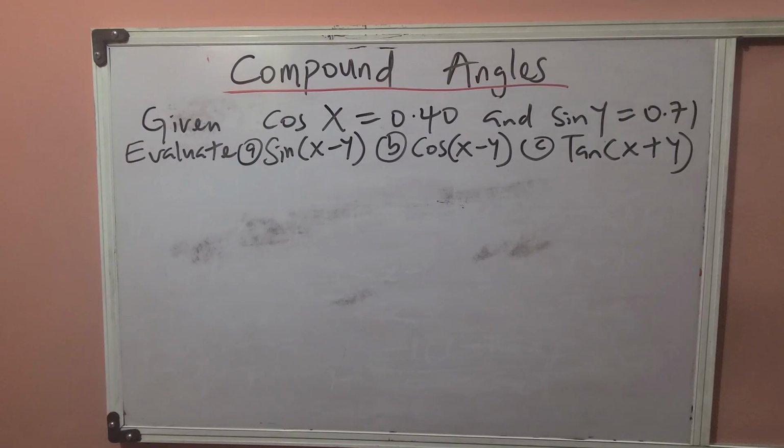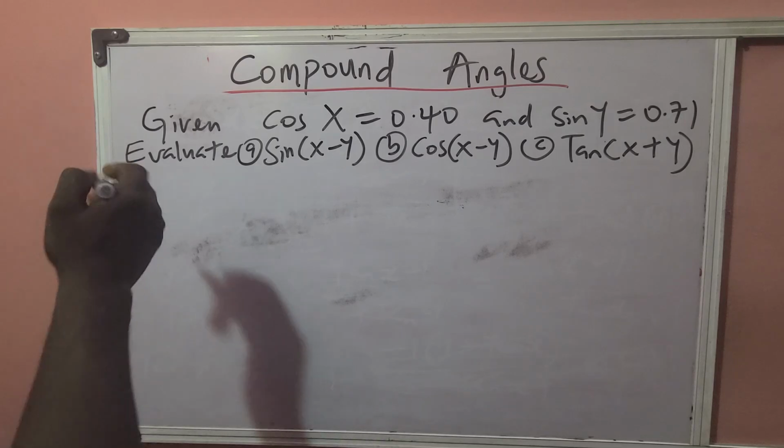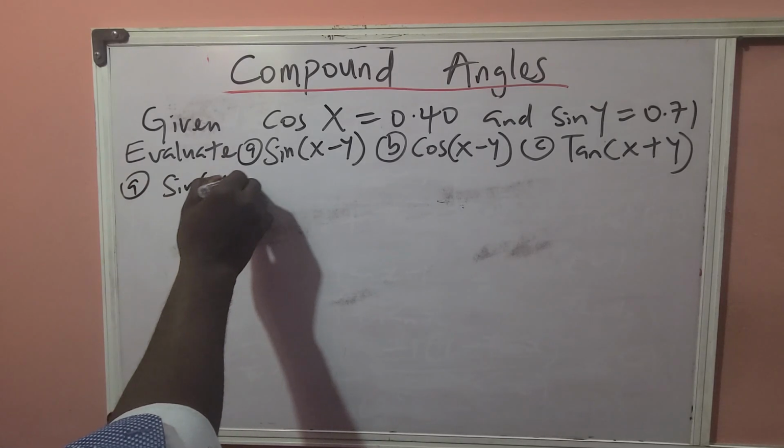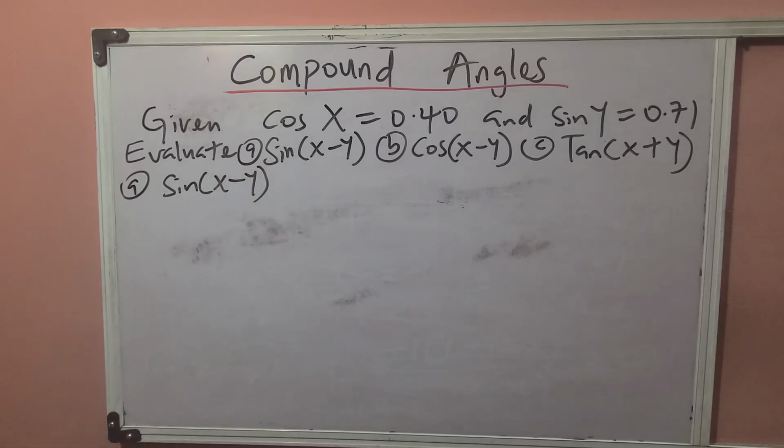The very first thing we have to remember is our identity. So in solving for sine x minus y, we can see this is a compound angle for sine when we are subtracting two angles from each other.